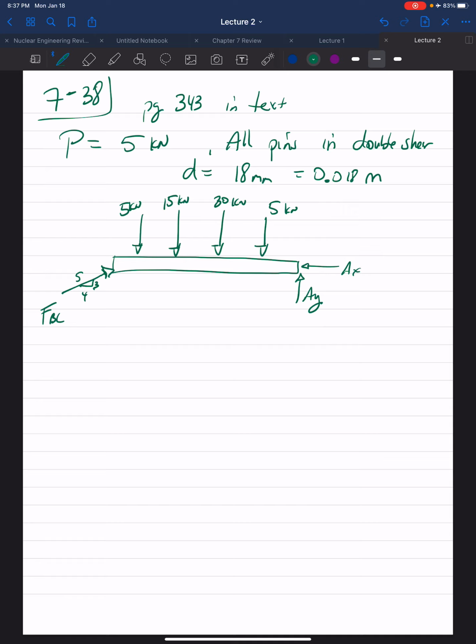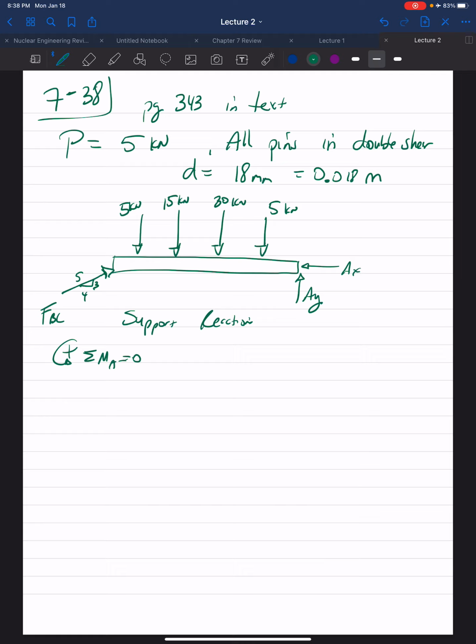So first, to do our support reactions, we take out some of our moments about point A. We then do not have to worry about solving for AY and AX. We can solve for FBC. So we'll consider all the forces that create a tendency to rotate about point A. Clockwise rotation being negative, counterclockwise rotation being positive.